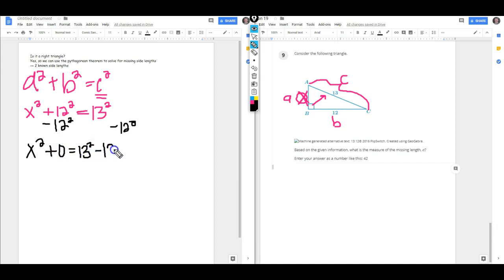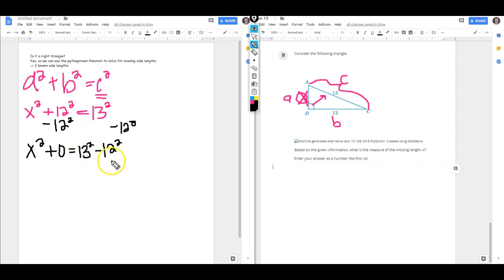minus 12 squared. And because these have squares, I'm not going to take 13 and minus 12 and end up with 1 squared, because 12 squared I know is 144 and 13 squared is higher.